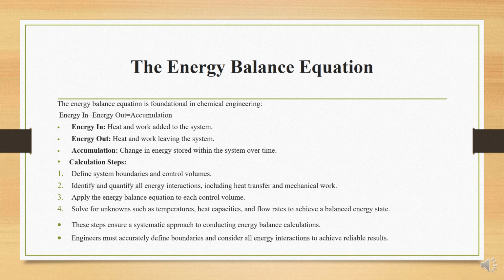Fourth, solve for unknowns such as temperatures, heat capacities, and flow rates to achieve a balanced energy state. These steps ensure a systematic approach to conducting energy balance calculations. Engineers must accurately define boundaries and consider all energy interactions to achieve reliable results.